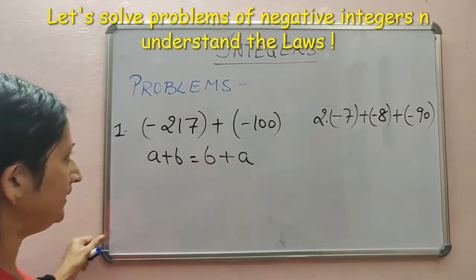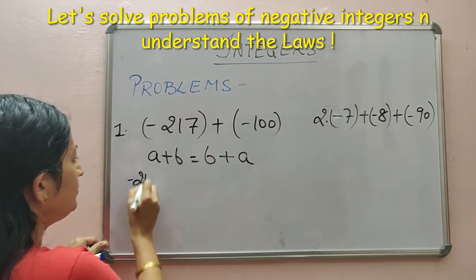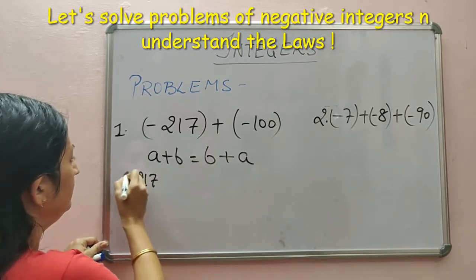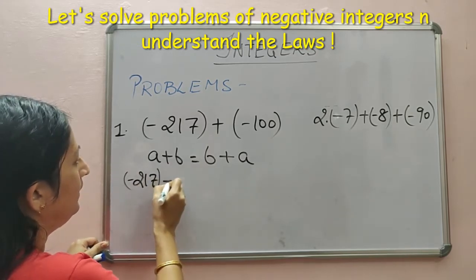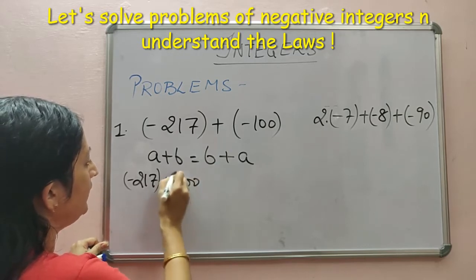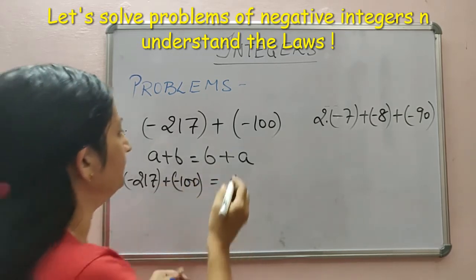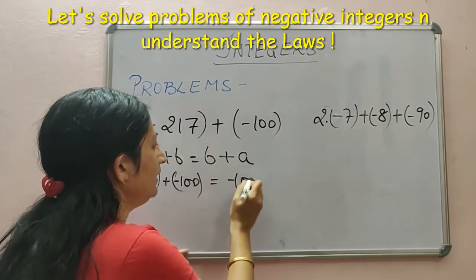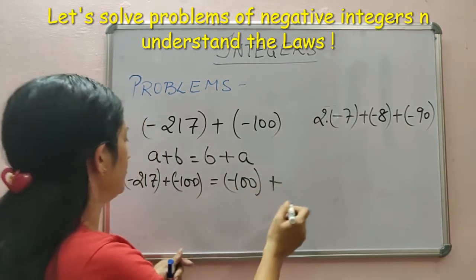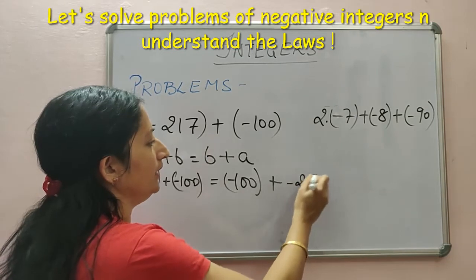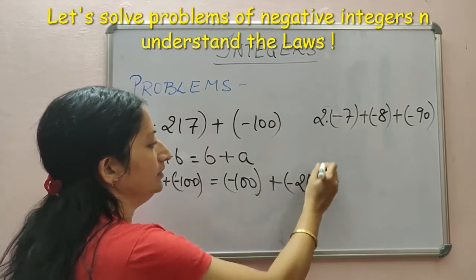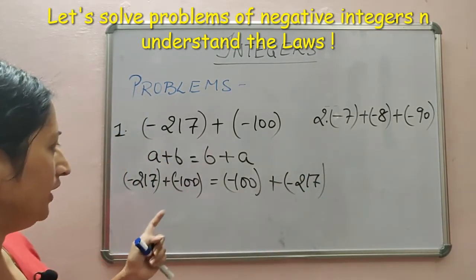So we can write this as minus 217 plus minus 100, and it should be equal to minus 100 plus minus 217 based on commutative law.